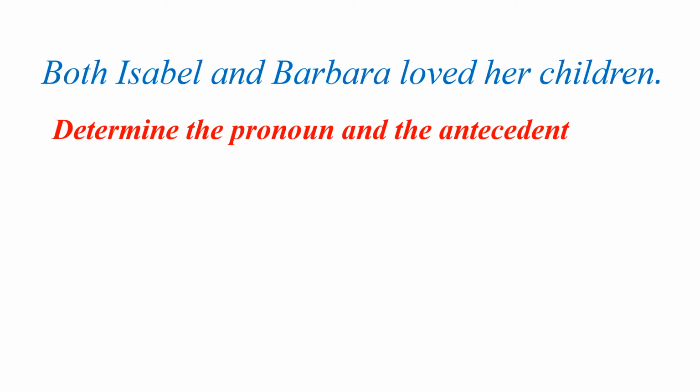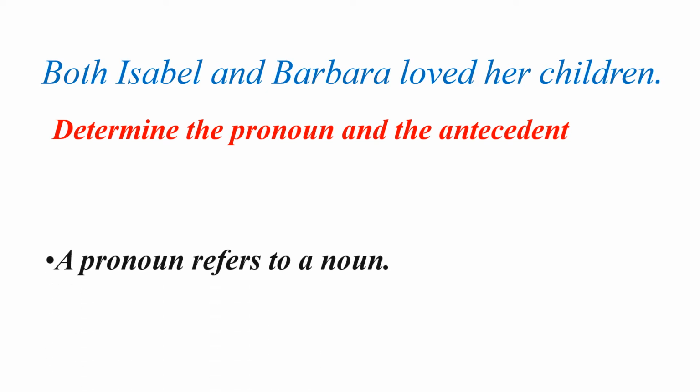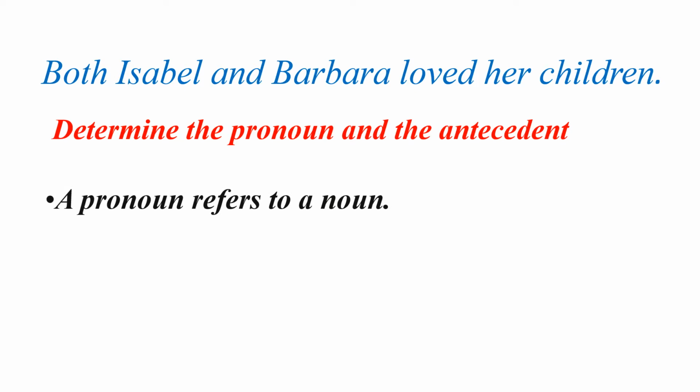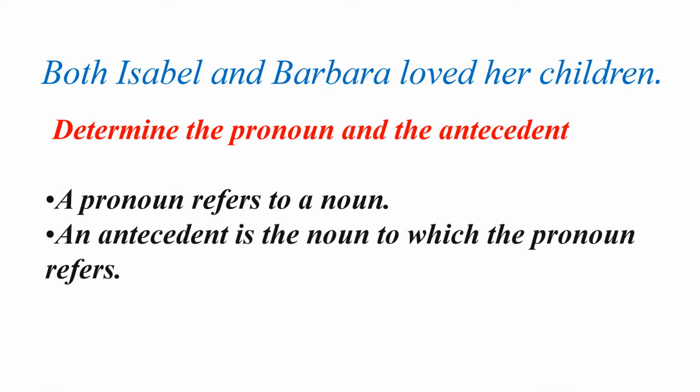In this example, we see, both Isabel and Barbara loved her children. We know that a pronoun refers to a noun and an antecedent is the noun to which the pronoun refers. So there is a close relation between a pronoun and an antecedent.